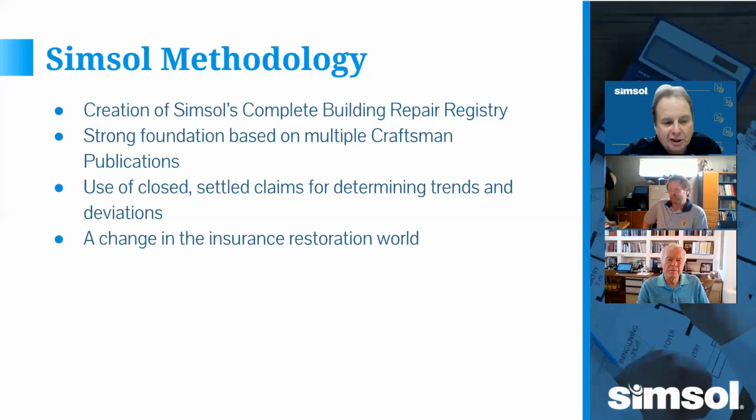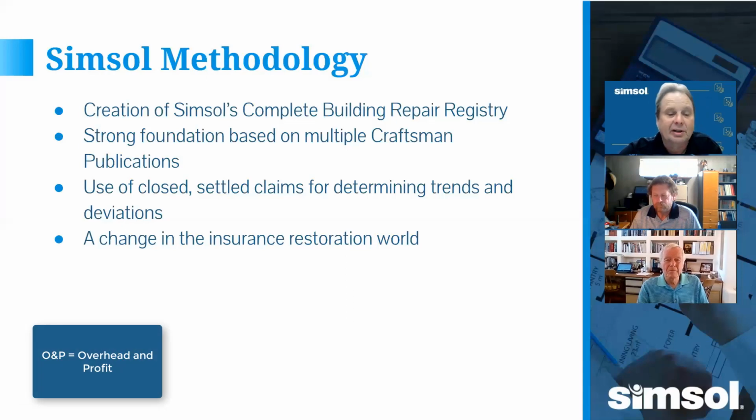Basically, this is a change in the insurance restoration world. And like I say, Dave spoke to that very well. It shows us that, just like the specialization in medical fields, we have specialization in restoration, and that's why we have the subcontractors, and that's why we have subcontractors' O&P, which raises the prices a little bit if they're going to be used.